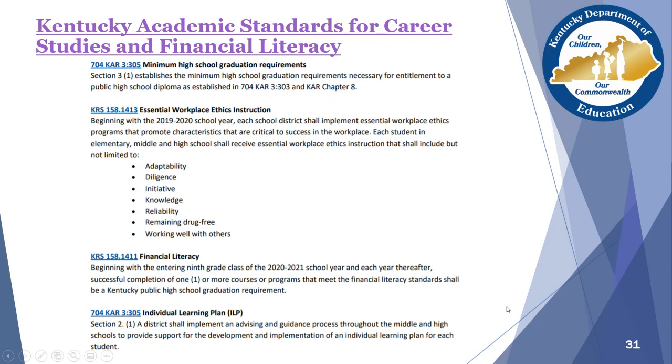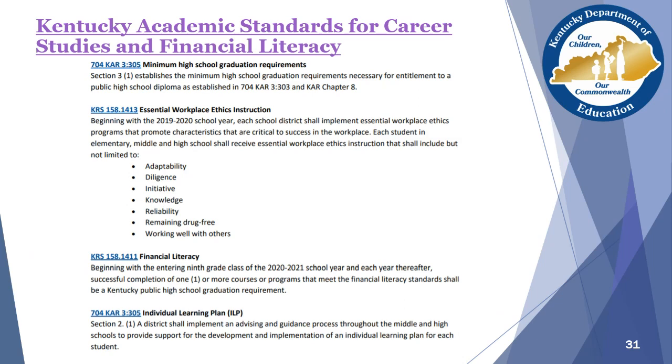Moving on to a couple new academic standards that I wanted to make you aware of that potentially fit into your program area. So we have new standards for career studies. These used to be called vocational studies standards. Now they're called career study standards. And then you can see a couple statutes and a couple regulations on the screen here that kind of drove this work.